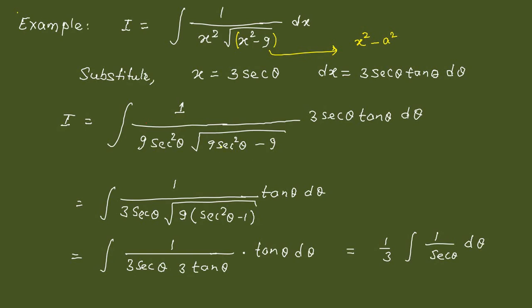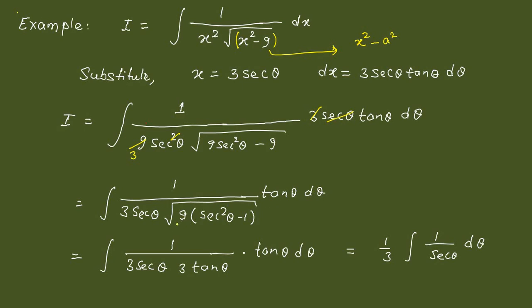Of course we can take this 9 out. This 3 and this 9 should get cancelled, so this is 1 over 3 sec theta, and sec theta from here will get cancelled. So we will have 1 over 3 sec theta square root of 9 times sec square theta minus 1, and this is tan theta d theta.